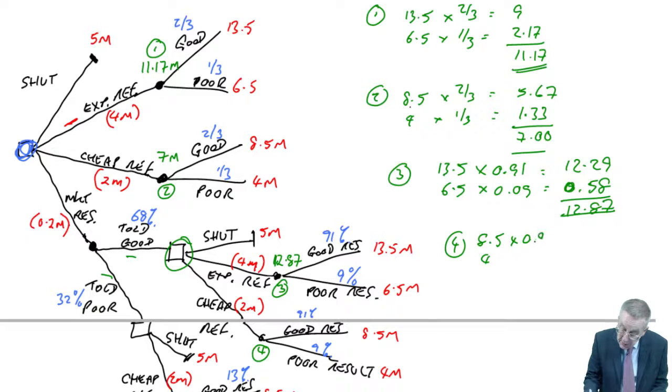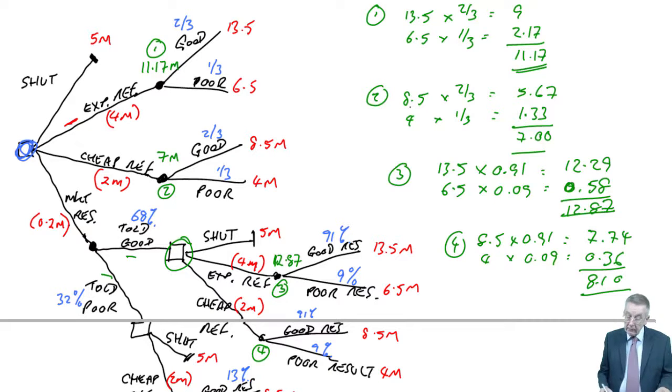Again, probabilities 0.91, 91%, or 9%, 0.09. That gives us 7.74 plus around 0.36, sorry, so 8.1.